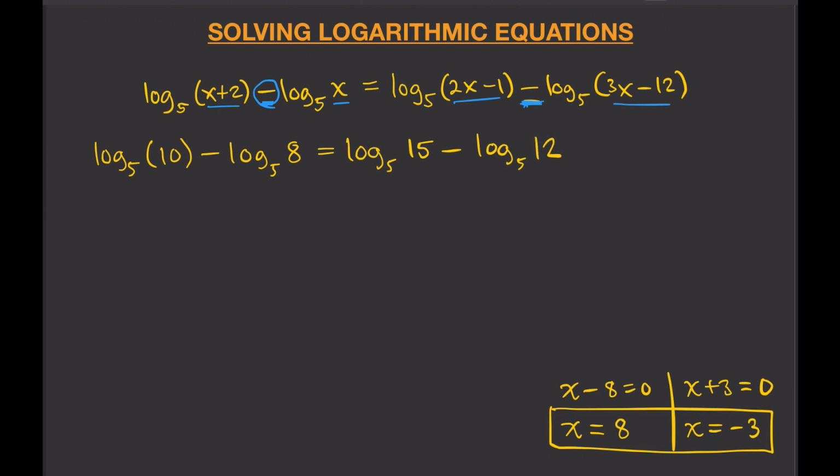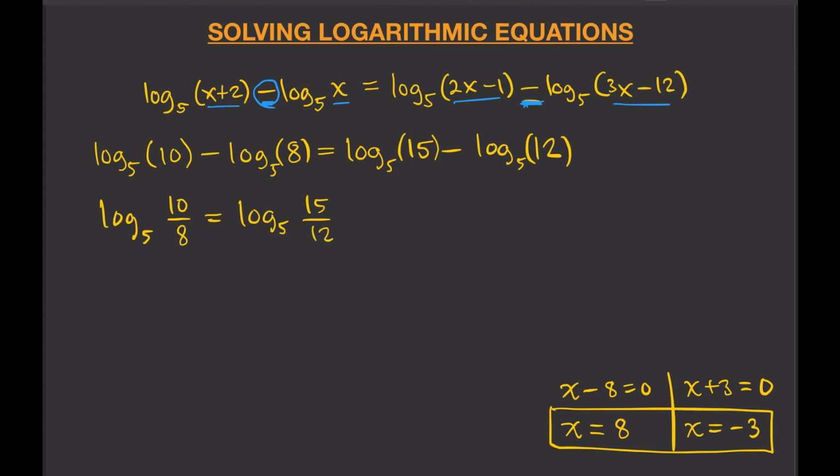Okay, so then that will give us log of 5. So we have no problem here because these are all positive, so we can proceed. We can condense further, so that will give us 10 divided by 8 equals log base 5 of 15 divided by 12.